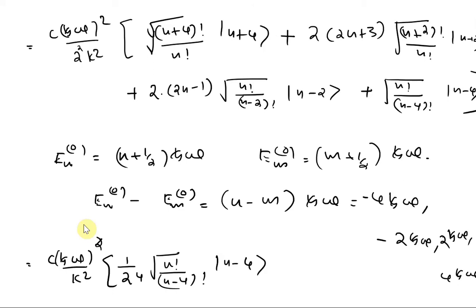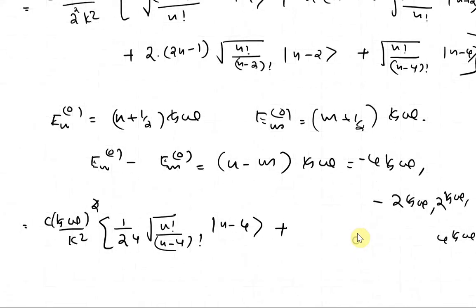That is the state. Okay, next one is n minus 2, where we have 2 into 2n minus 1 divided by 2 h cross omega. So those two are cancelled, and this 2 square will be coming down. So 1 by 2 raised to 2, and what else is there?